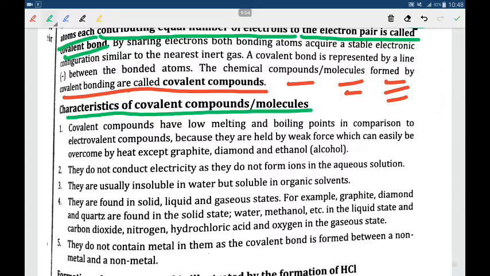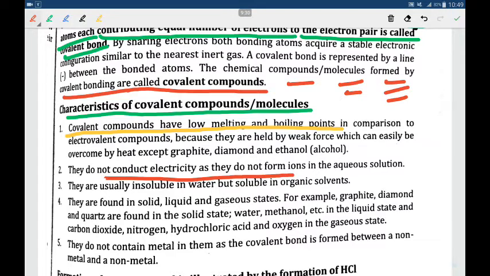Properties of covalent compounds or covalent molecules. Number 1, covalent compounds have low melting point and low boiling point. They can change into solid quickly. They can change into vapor quickly. Number 2, they do not conduct electricity.